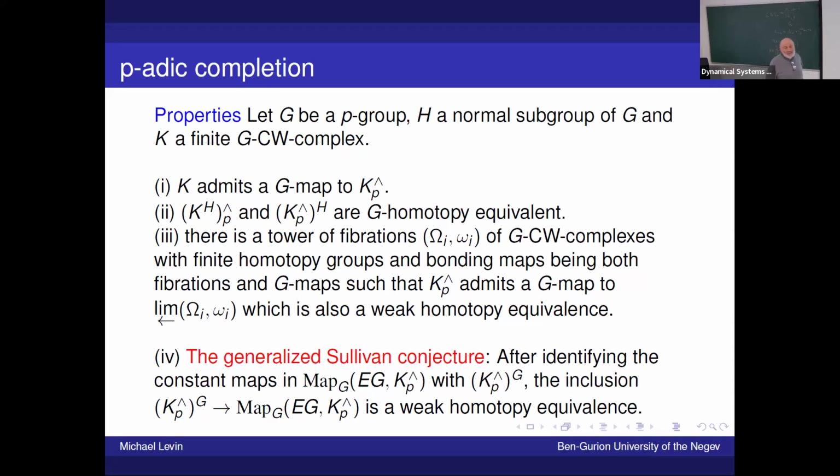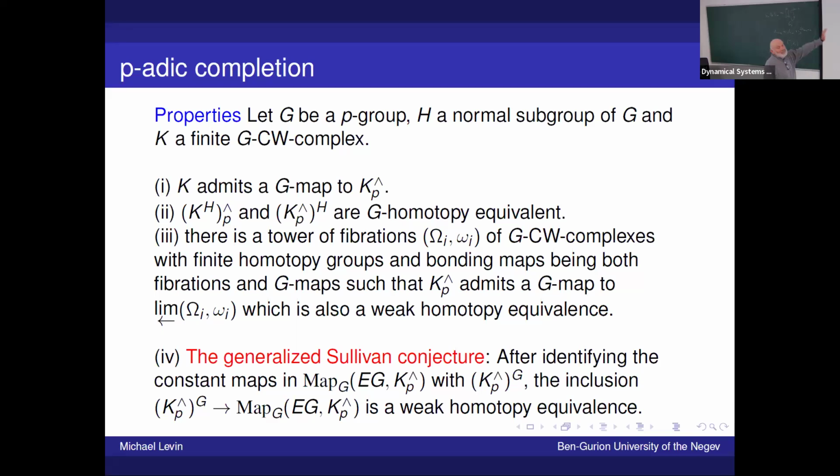Both originated in the work of Kan and are nicely presented in the book of Bousfield and Kan.